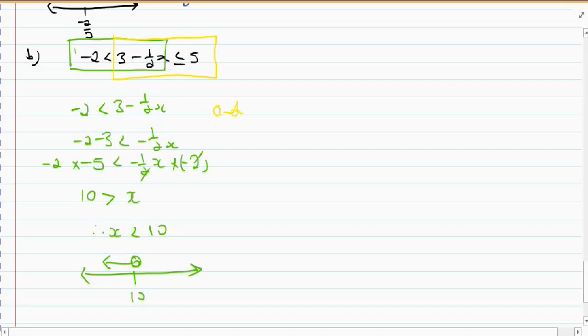And we also have 3 minus 1 over 2x less than or equal to 5. So we end up with -1 over 2x less than or equal to 5 minus 3, so -1 over 2x less than or equal to 2. Now we multiply once again by -2. The 2 cancels the 2, and negative times negative is positive.